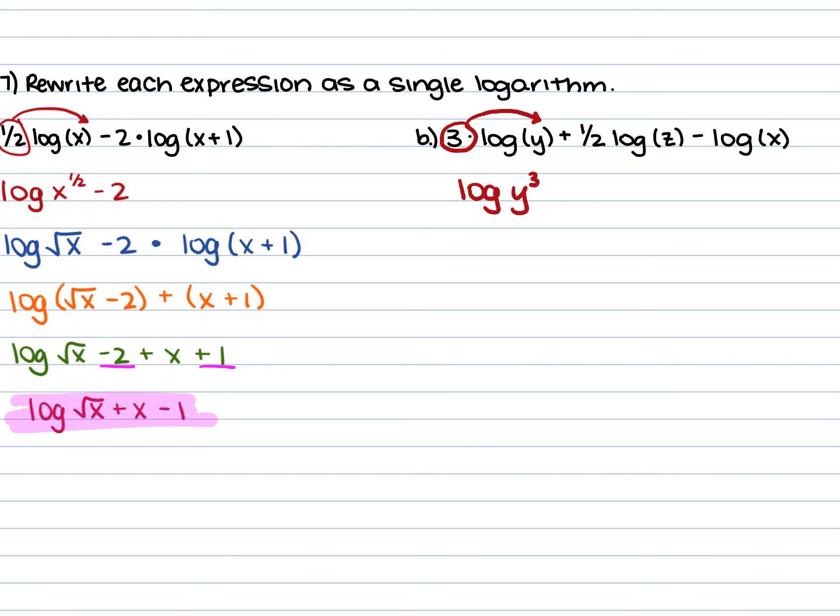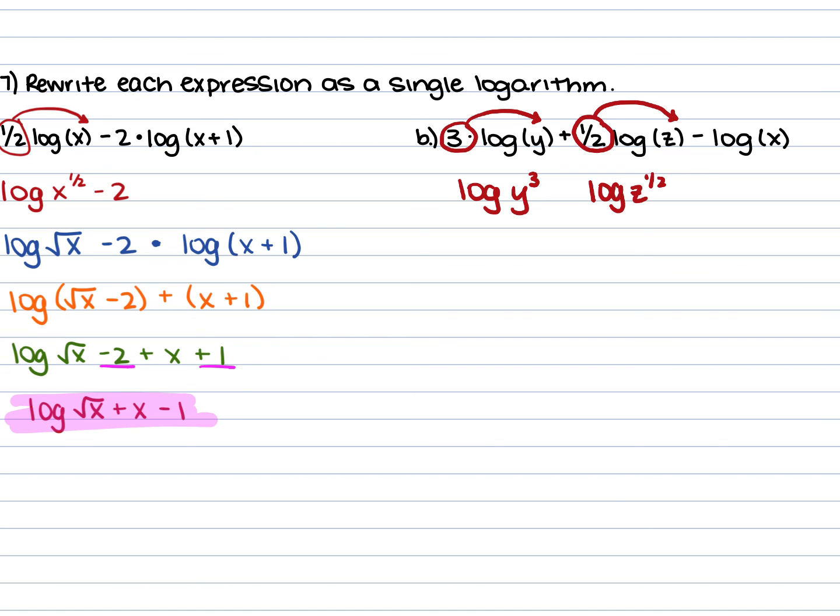You can't do anything else with this, so leave it alone. Move to the next term. You have 1/2 log z. That 1/2 is going to become the power on the z, so that's going to give you log z to the 1/2 power.